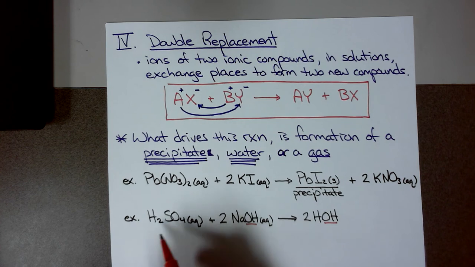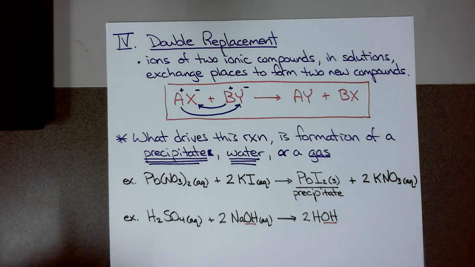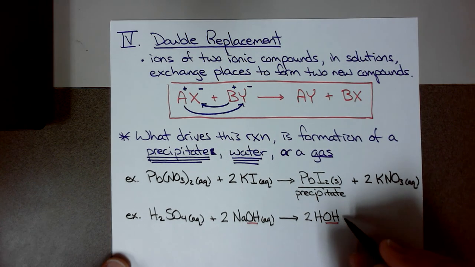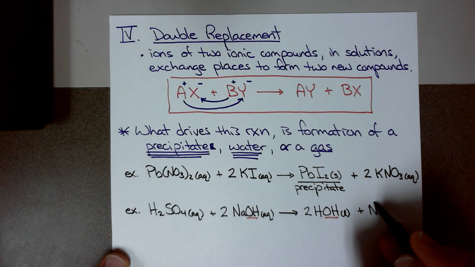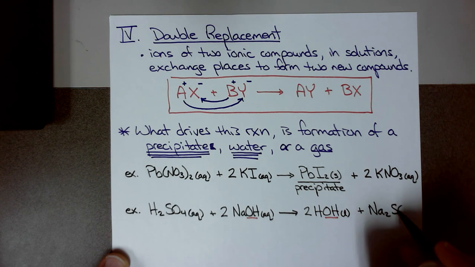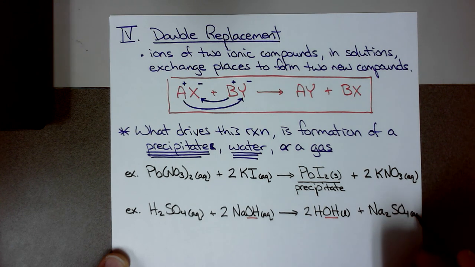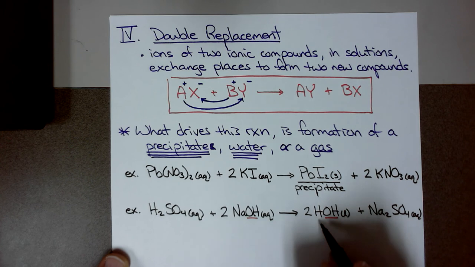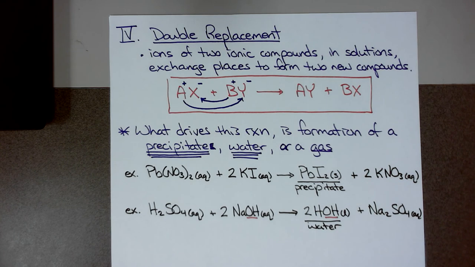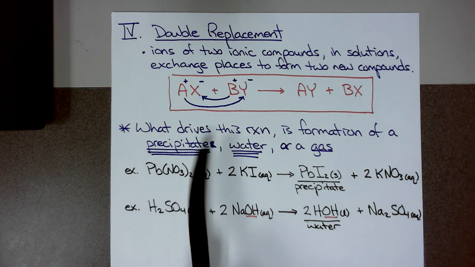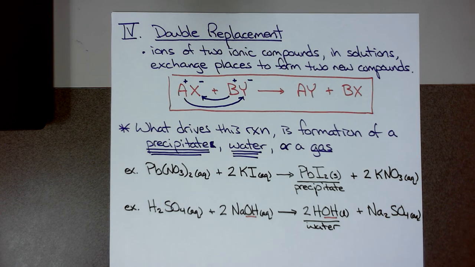And then there's the hydrogen and the hydrogen. And this is a liquid. And then the other formation is sodium with the sulfate, so that would be Na2SO4 aqueous. And here we've formed the water. So again, the reason this reaction occurred is formation of water. Now I'm not going to show the one with gas because we won't see it as often. We really want to know precipitate and water. And that's a double replacement reaction.